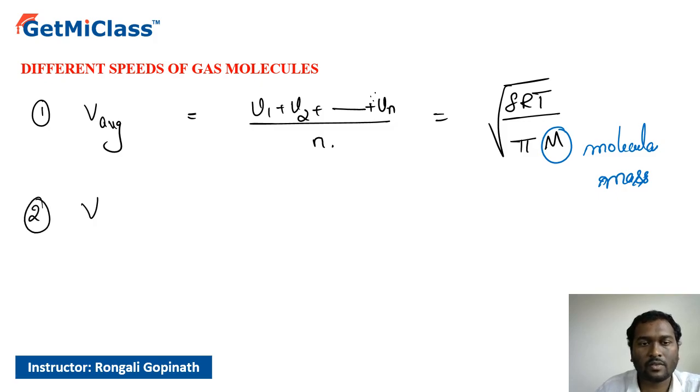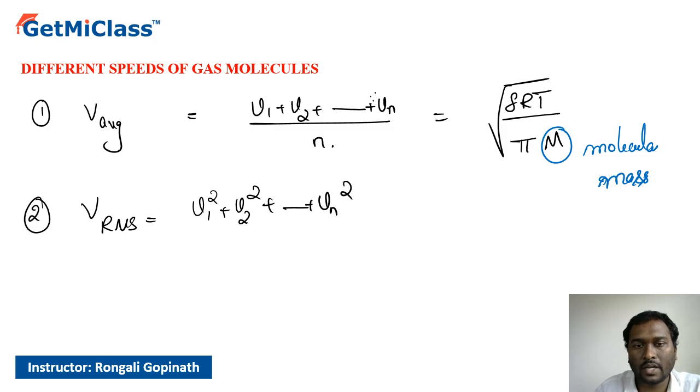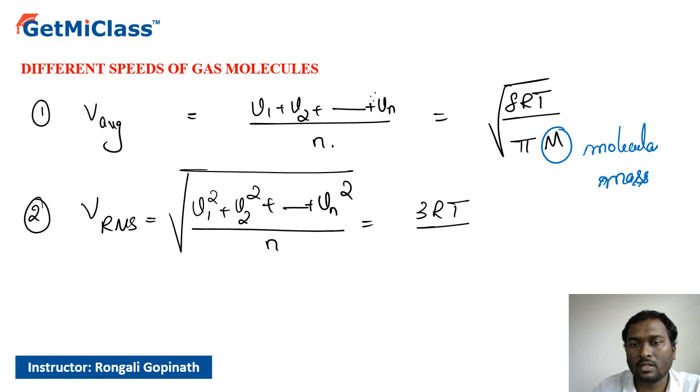The next one we have is Vrms. Vrms is the root of the mean of the squares. That is, first you square them, take the mean, and take the root of it. And it is given by the formula root over 3RT by m.